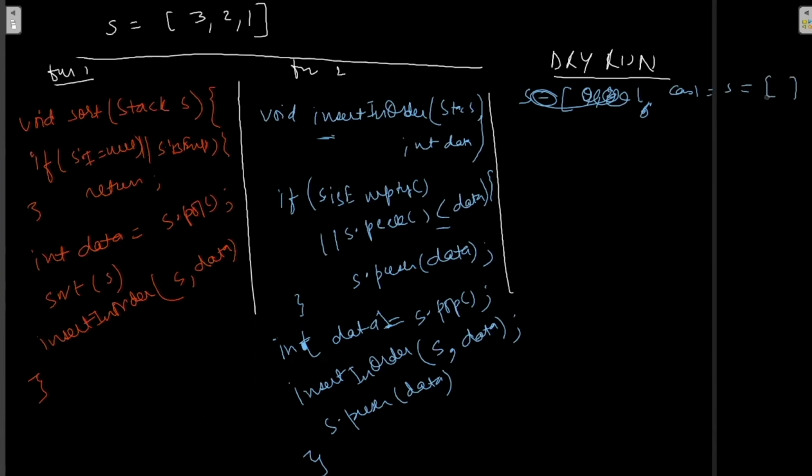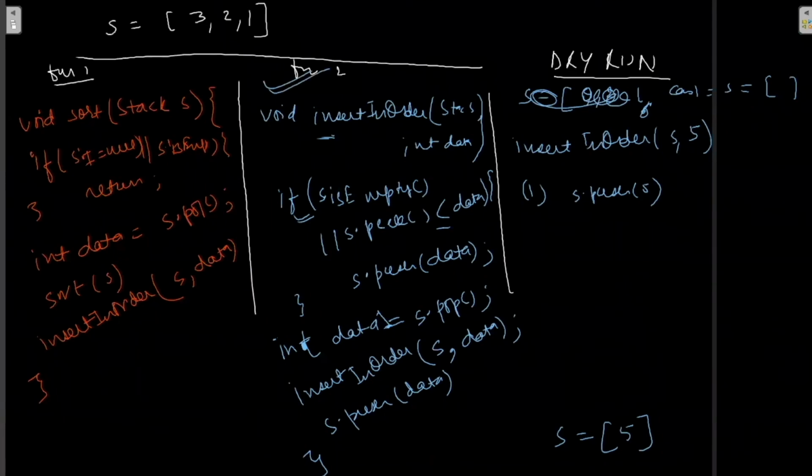In this case, when I call insert in order and I pass S and I pass 5, what will happen when the call happens? It will hit this if, right? Because the stack is empty, so it will end up doing S dot push 5, and it would have become 5, right? Initially, suppose the stack is empty and I want to insert 5 in order, then it went right.